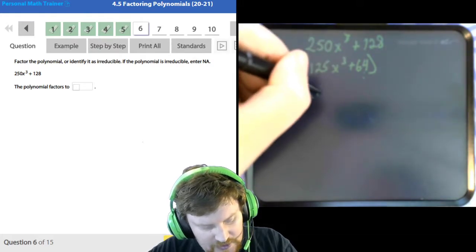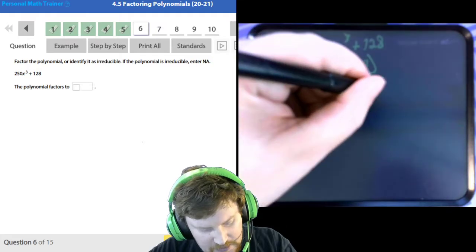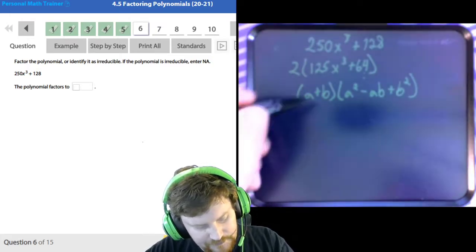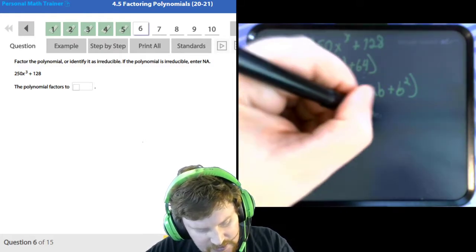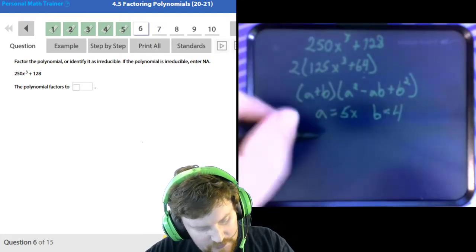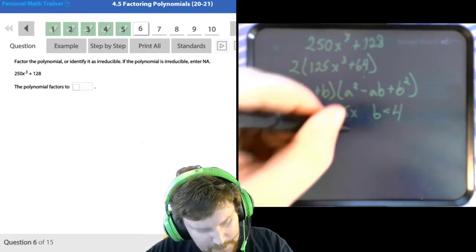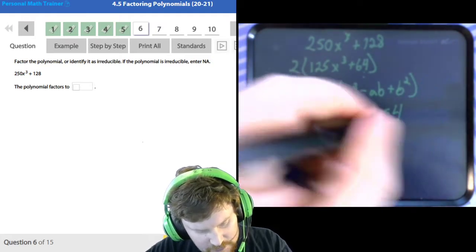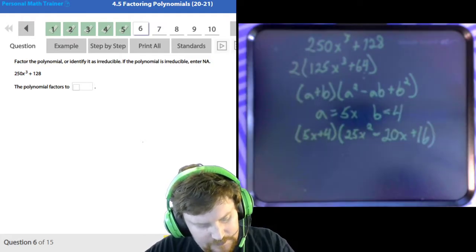a sum of cubes, so I have a plus b, a squared minus ab plus b squared, where a is 5x and b is 4. So 5x plus 4, 25x squared, minus 20x, plus 16.